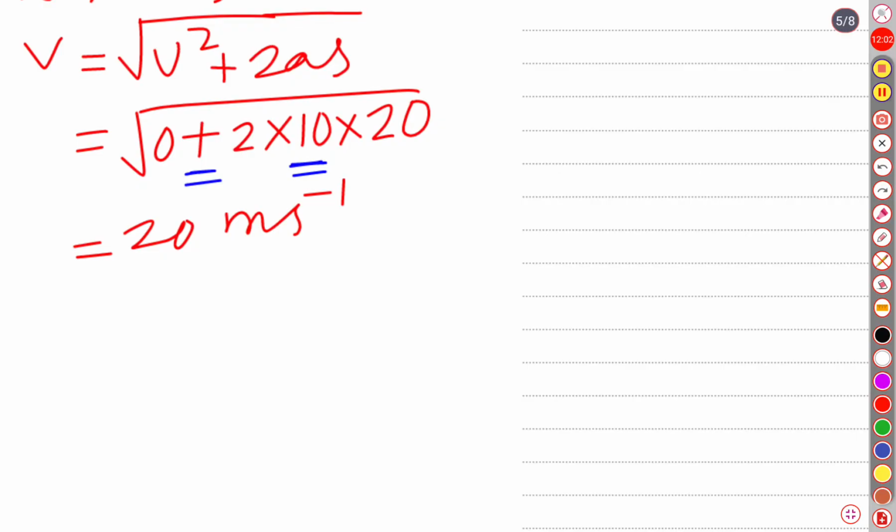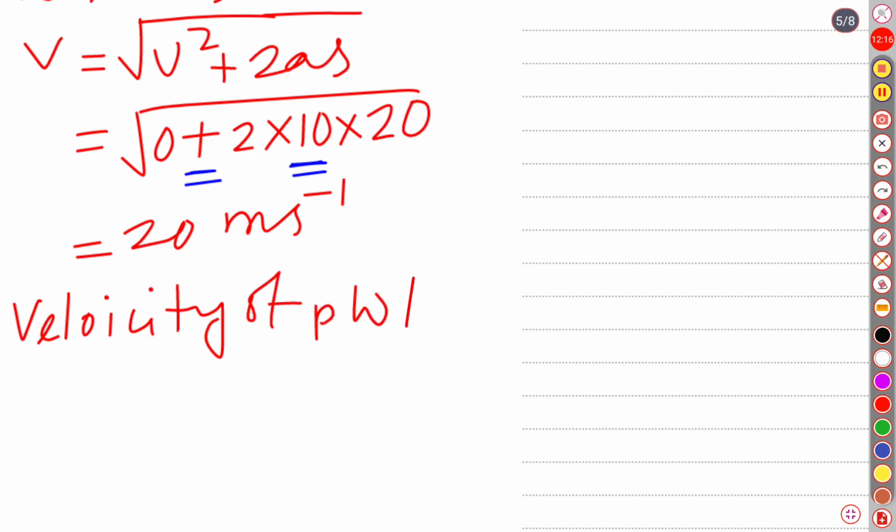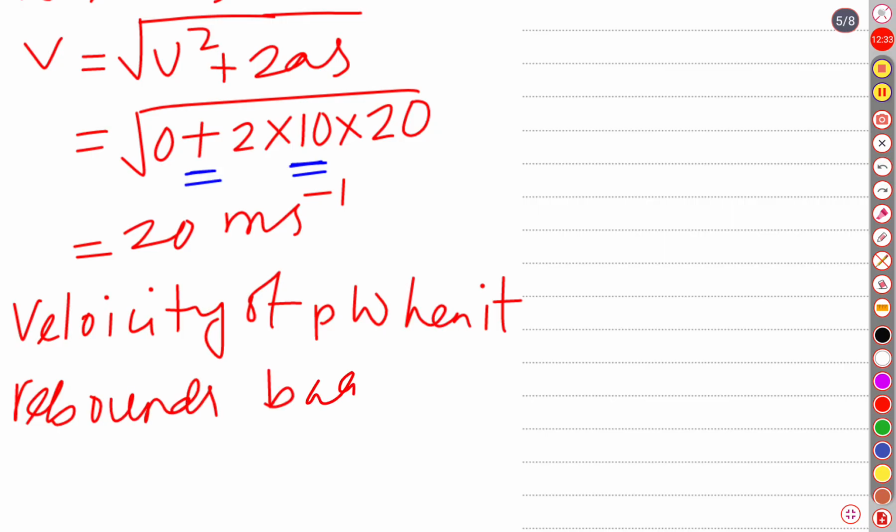Then when it rebounds, the velocity of P when it rebounds back is UP.